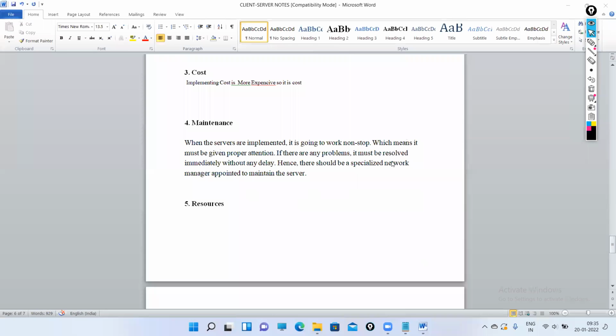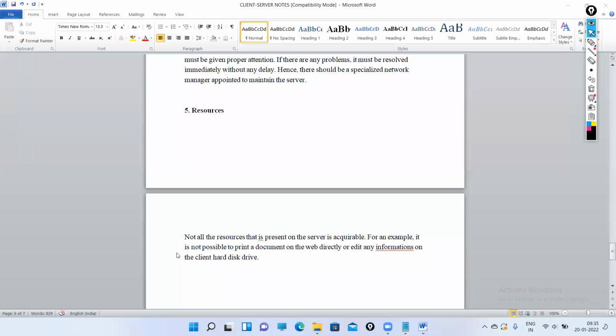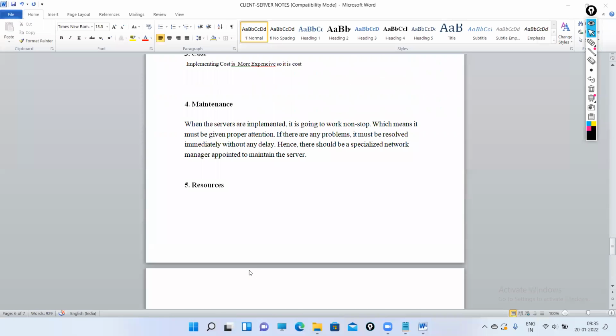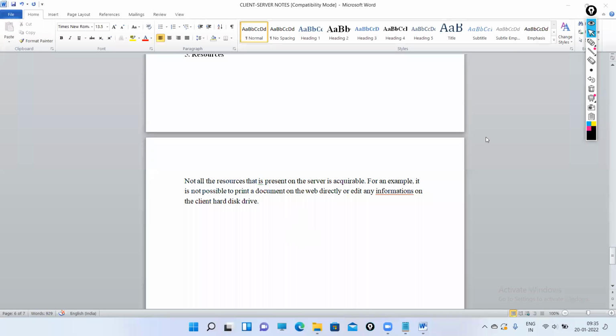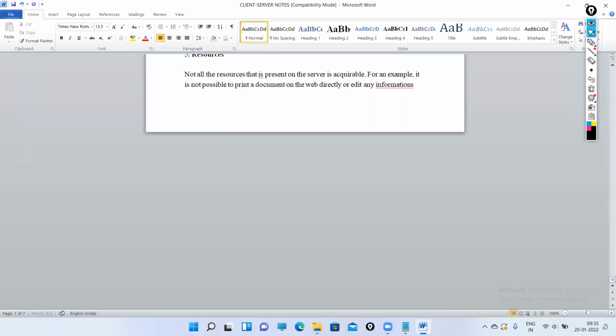Next one, last one, resources. We cannot use all resources in our client server model. Simple, only one point.